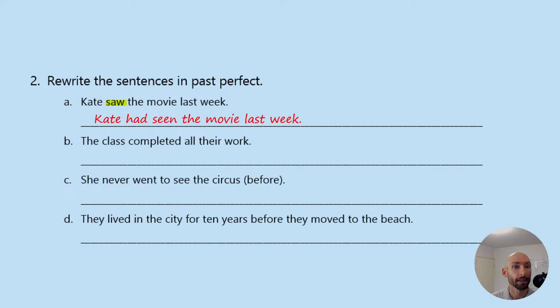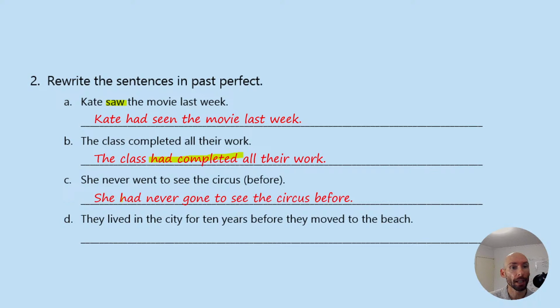The next one. The class completed all their work. The class had completed all their work. C. She never went to the circus before. Well, that sounds like a bit of a mistake there.